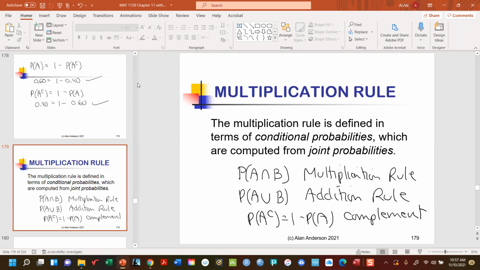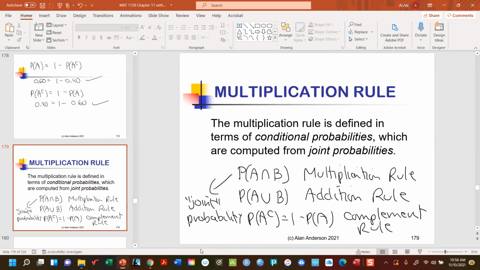But the multiplication rule is only meant for when we're trying to calculate the probability of two events occurring at the same time. Okay, and just as a point of notation, sometimes these are called joint probabilities because two things are jointly true. All right, so that's where we're headed.